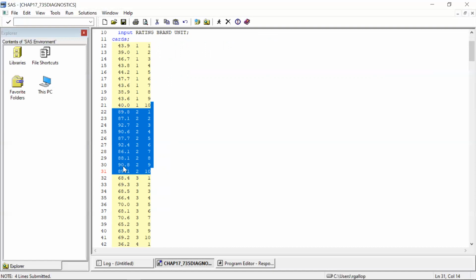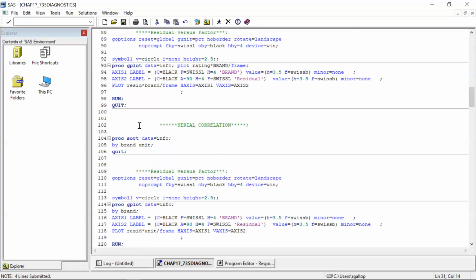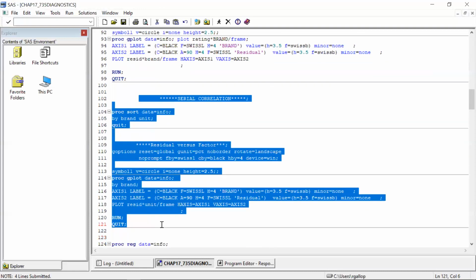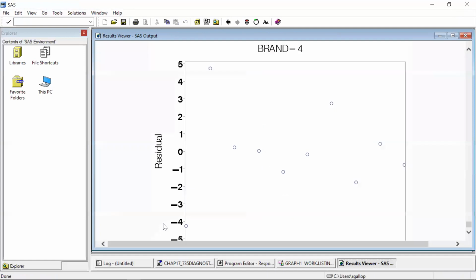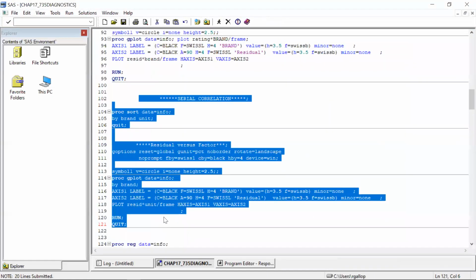Possibly the resilience of the rating may be dependent on the order. So therefore, possibly violating that independence assumption. Here I'm going to look at it visually. And I'm going to change it one more time.